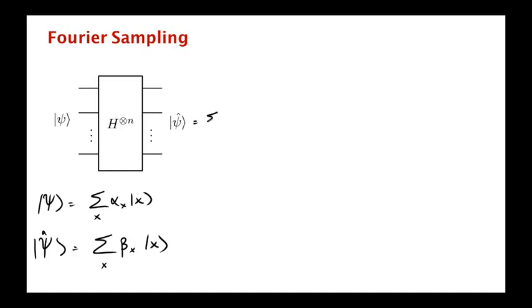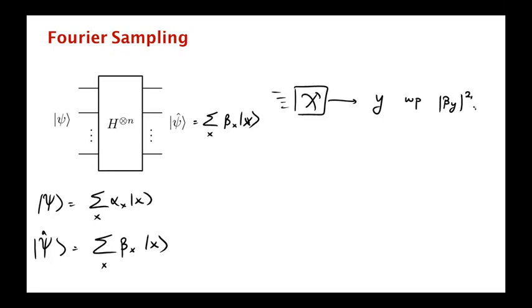And now you perform a measurement. And so you see some y, so the output of this is some y with probability beta sub y magnitude squared.